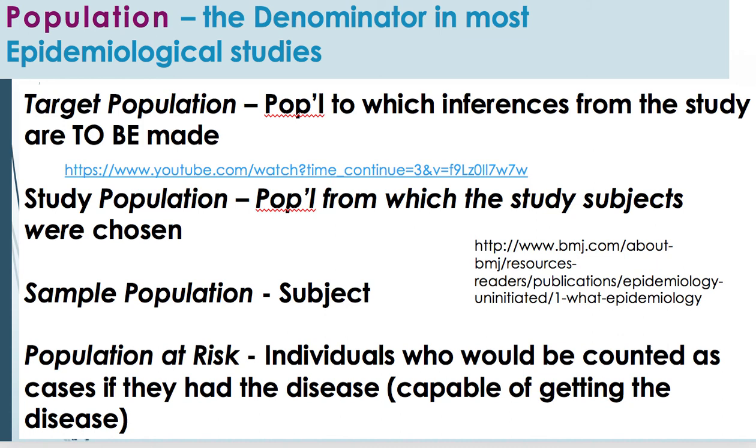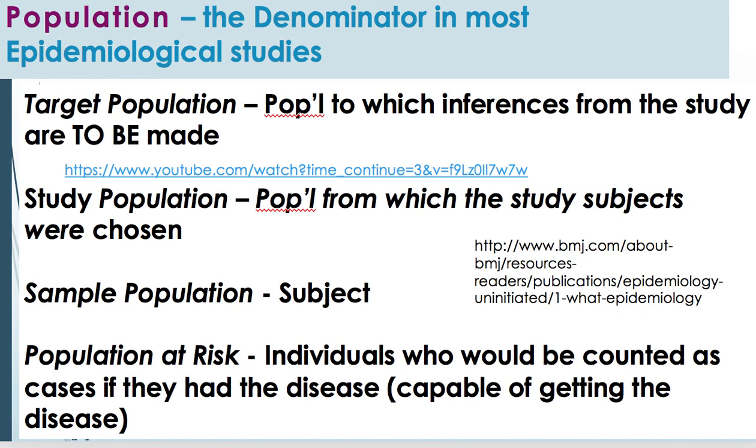So all these people meet certain characteristics or have certain determinants, and if chosen by random, they could have been part of my sample population. And the difference between your study population and your sample population is your sample population are those people you actually pick.